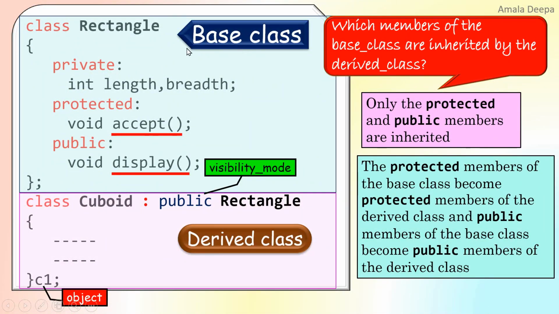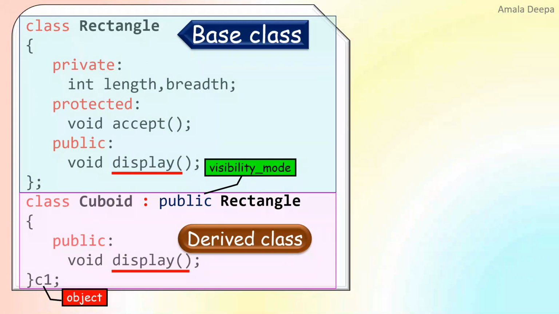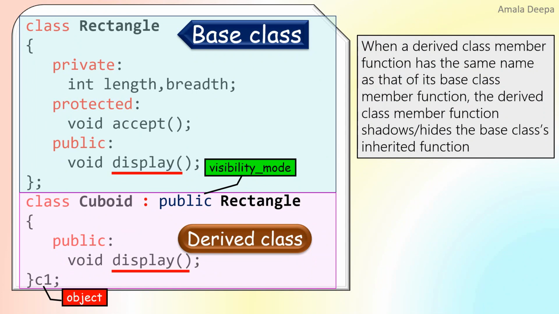Here in this base class rectangle there is a display function. Suppose the derived class cuboid also has a display function. When a derived class member function has the same name as that of its base class member function, the derived class member function shadows or hides the base class's inherited function.